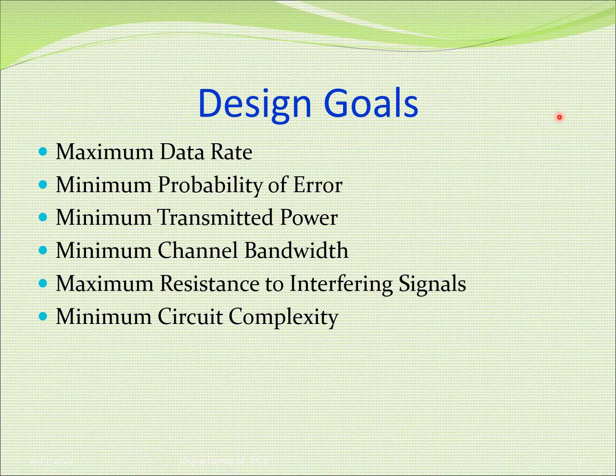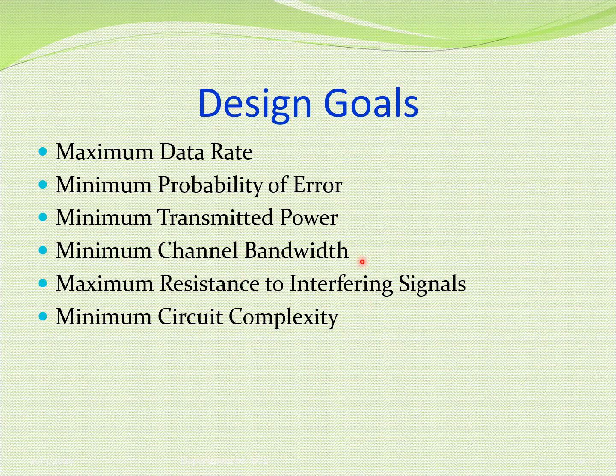As I told you, there are n number of methods available for digital modulation. Either you go for an M-ary scheme, or you go for a binary scheme. We have so many methods. So, in order to select a particular modulation scheme, we have to keep in mind that the data rate should be maximum, the probability of error should be minimum, and the transmitted power, the costliest commodity, should be minimum.